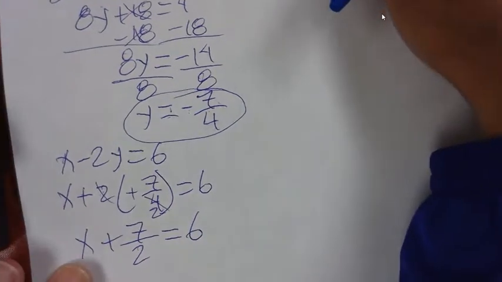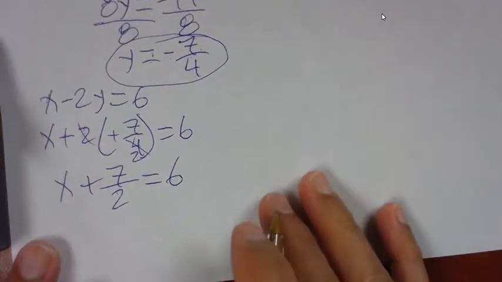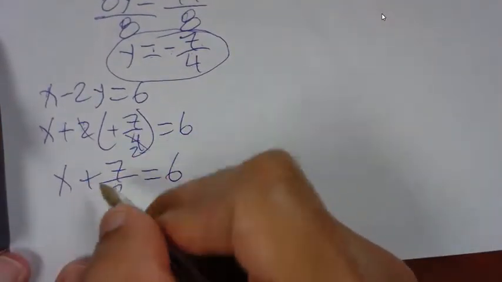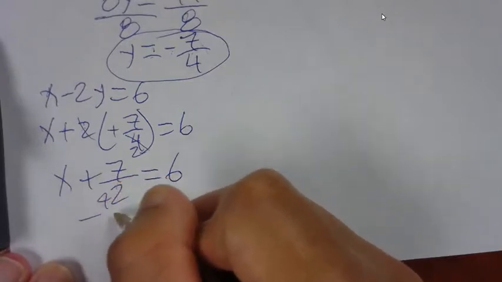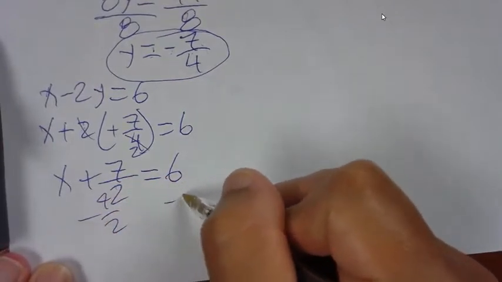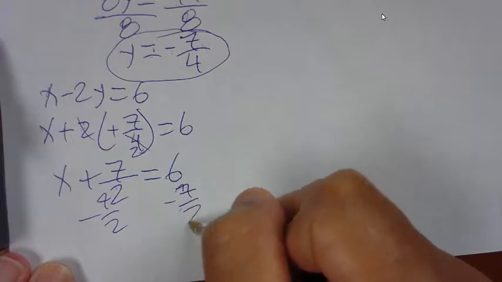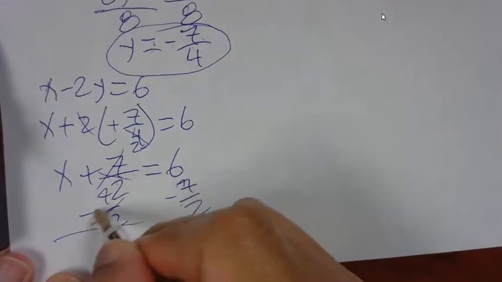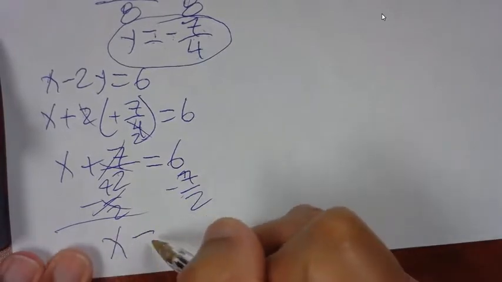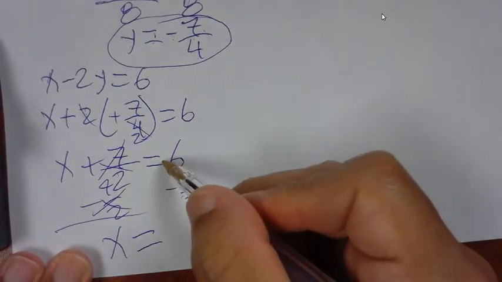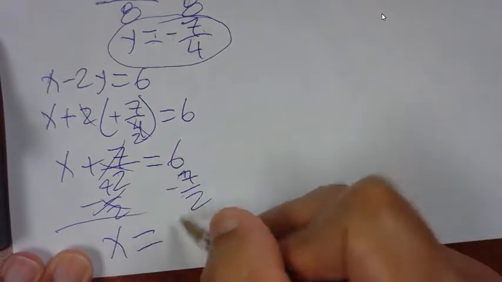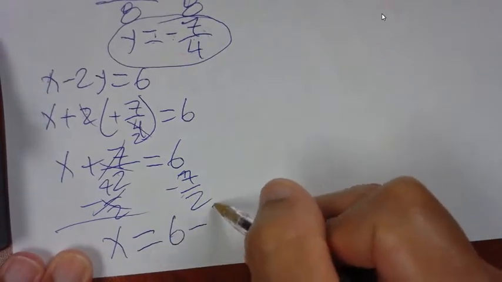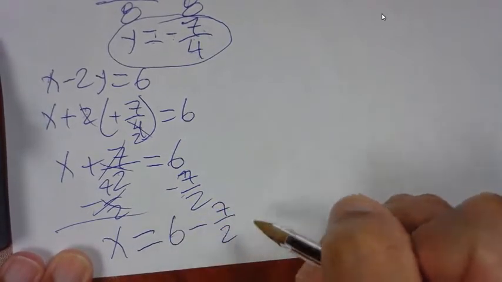And then just continue solving for x, isolate the variable by using the addition principle. 7 over 2 on both sides. This cancels. I have x on one side, and here I have 6 minus 7 over 2.